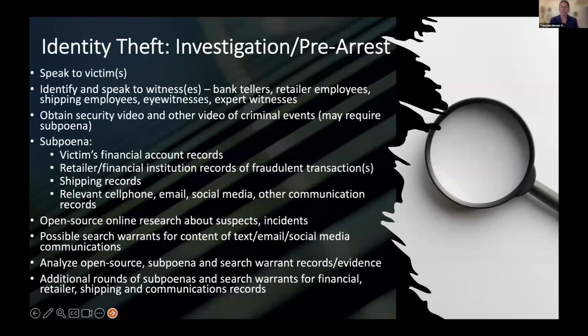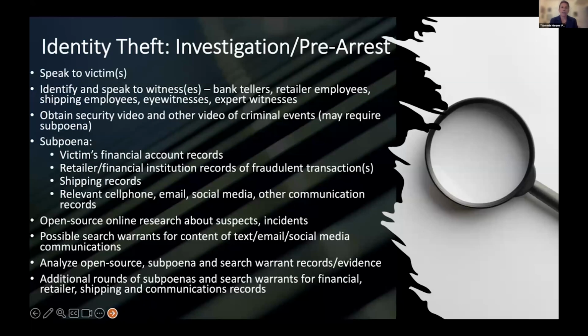So when we have a pre-arrest situation, depending on the size of the office, either law enforcement has received a report of a fraud of some kind, unknown offender, it happened online, it happened a month ago, or your office is proactively looking into these cases, there's a whole pre-arrest stage. And depending on how your office works, your prosecutors may be directly involved in this, or they may be assisting law enforcement investigators with subpoena work and things like that.